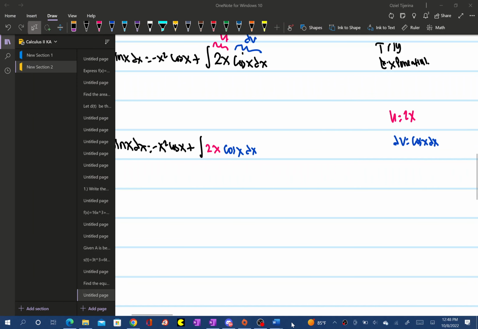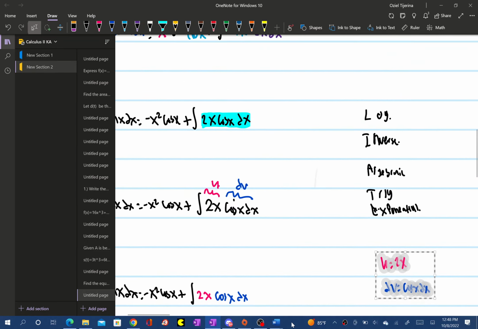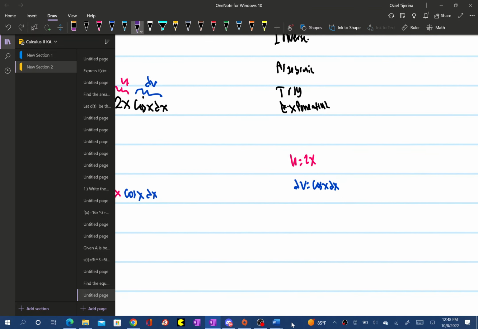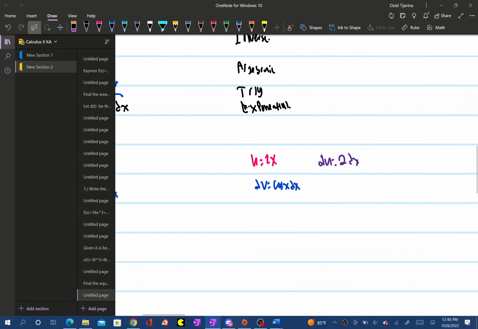So like I was saying, u can be 2x and dv can be cosine x dx. So we can say that du is 2 dx, and v would be sine x, because the derivative of sine x is cosine x.